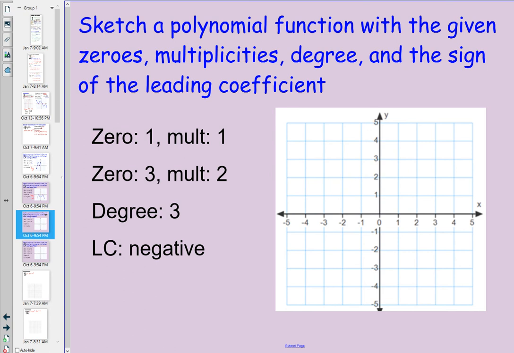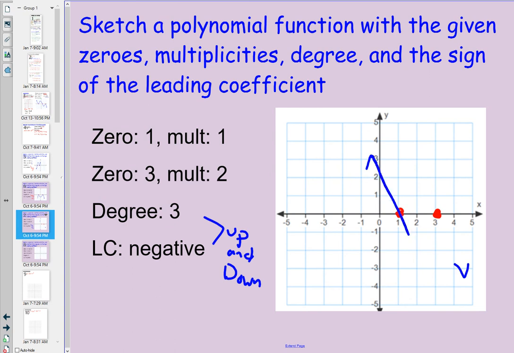Okay, this one has zeros at 1 and at 3. The degree is odd with a negative, so it's up and down end behavior. So I need this arrow facing up, this arrow facing down. The first zero at 1 has a multiplicity of 1, so what's going to happen as I get close to that?